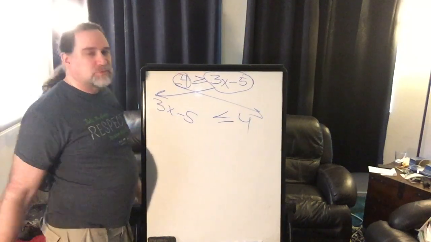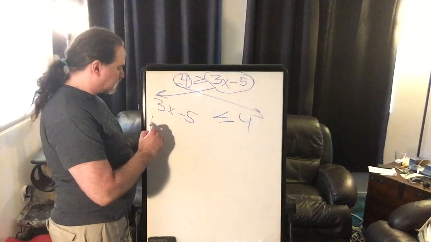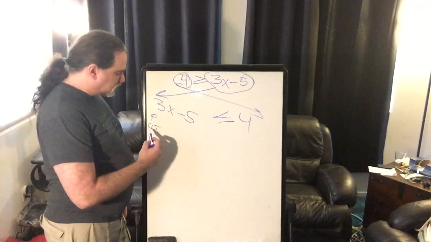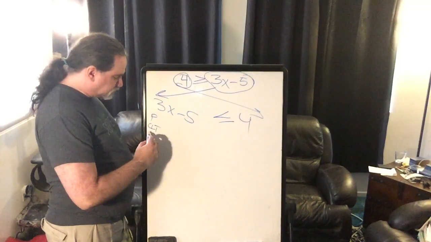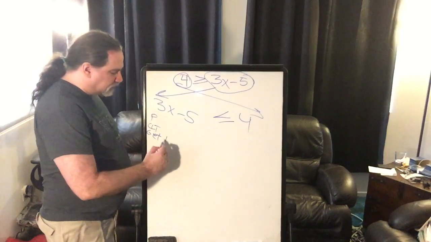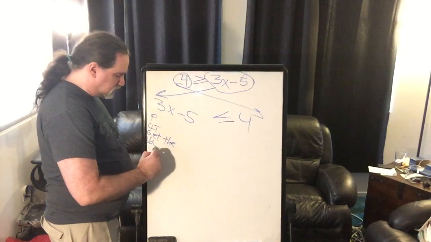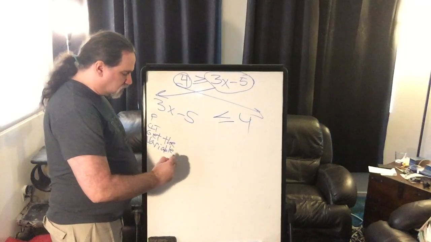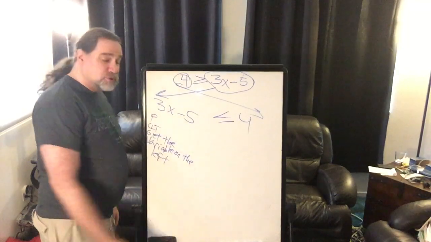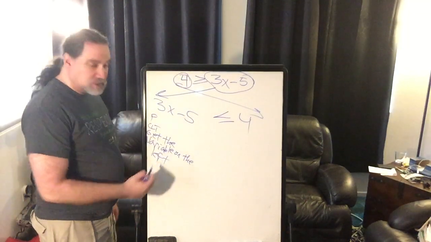And then we still go through the same litany of steps, right? We're still going to do the parentheses, we're still going to combine like terms, and the key one is we've gotten the variable on the left. Now, in truth, we could have done this first.